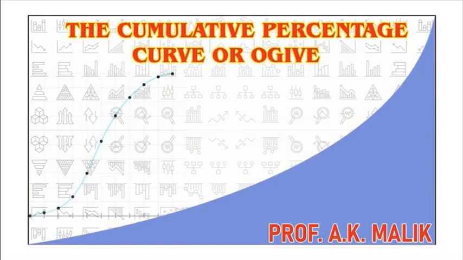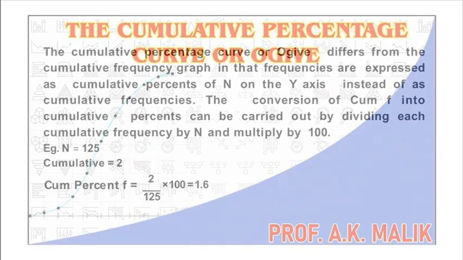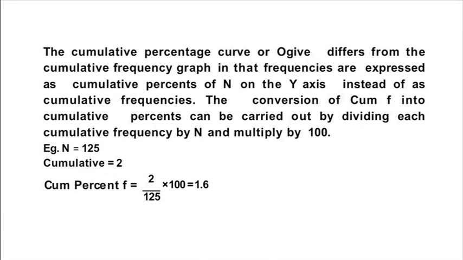The second type of graph is the cumulative percentage curve. It is also known by the name ogive. Now, it is different from the earlier graph which I talked about just now. What is this? The cumulative percentage curve or ogive differs from the cumulative frequency graph in that frequencies are expressed as cumulative percentage of n on the y axis instead of cumulative frequencies.